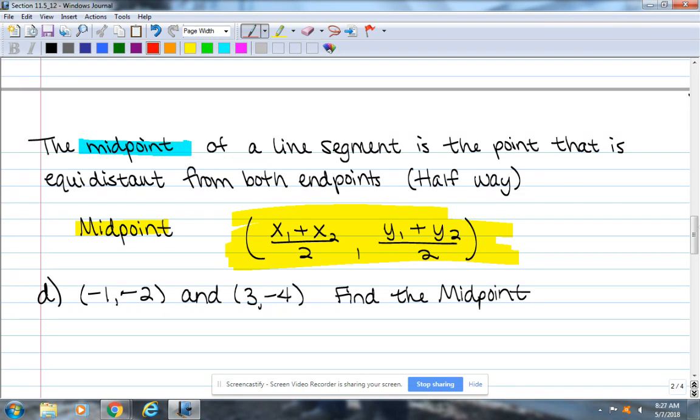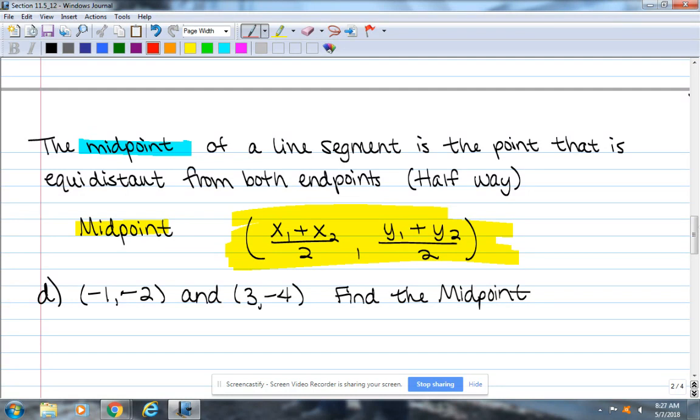All right. So equidistant means if I'm standing at the midpoint of 2 objects, that means it takes me the same length to get to one object as it does for me to go in another direction and get to the other one. Right? It means you're exactly in the middle.